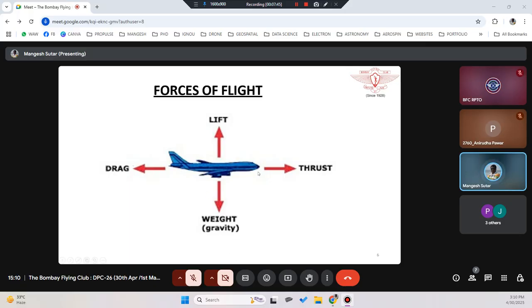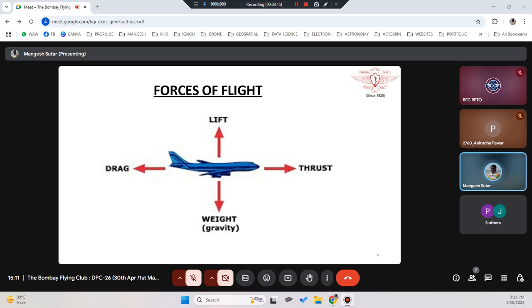Parallelly, because there is a body, there will be friction in the air. The air molecules will try to oppose the motion of the aircraft. That is called drag. When the aeroplane is stationary on the ground, it will not have drag. But as it starts moving, even on the ground when it is running on the runway, with the thrust generated by the engines of the aeroplane, wind will be flowing in the opposite direction and will try to push it.